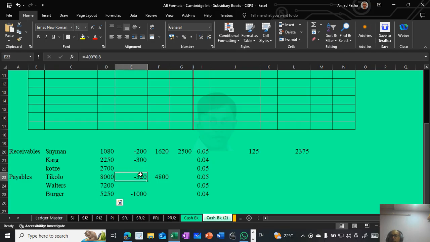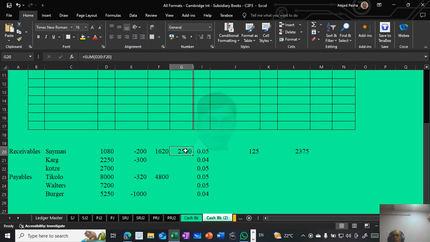These are all purchase returns. Again these are purchases. These are the cash discount. This is cash discount. This is cash discount. So this is percentage of cash discount and this is amount of cash discount. So the net amount ultimately received or paid is coming here. So we have to do like this.